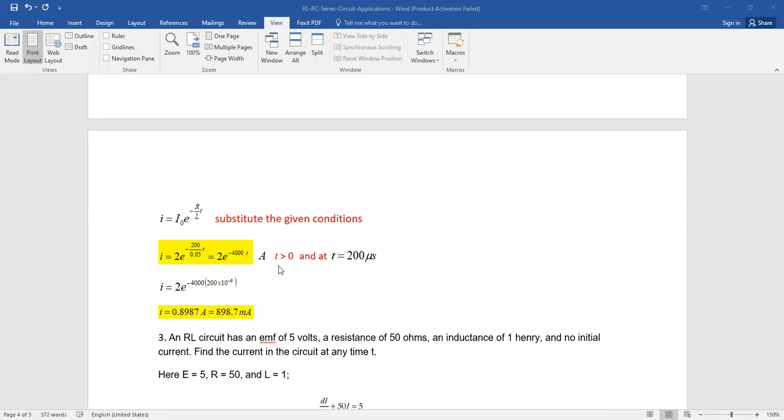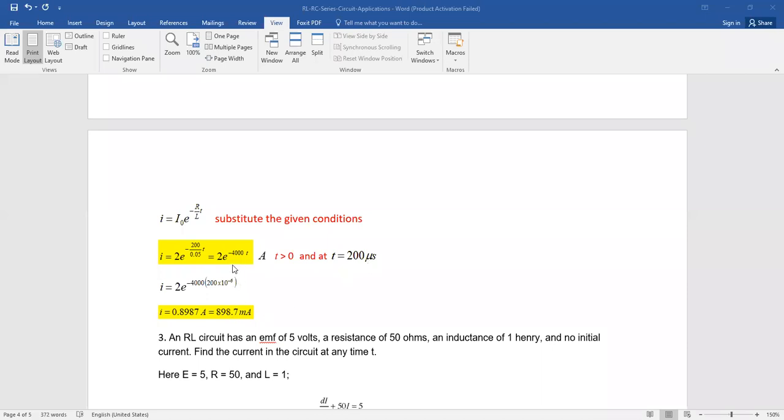So at time greater than 0, this would be the transient response of our circuit. Or this would be the current that is flowing through our circuit elements at time greater than 0. If we intend to determine the value of the current at a particular time of 200 microseconds, what you're going to do is substitute 200 times 10 raised to negative 6 here for the time because it's in microseconds.